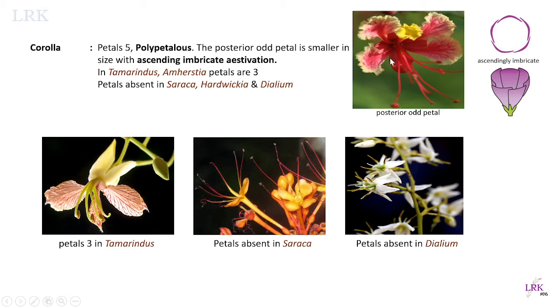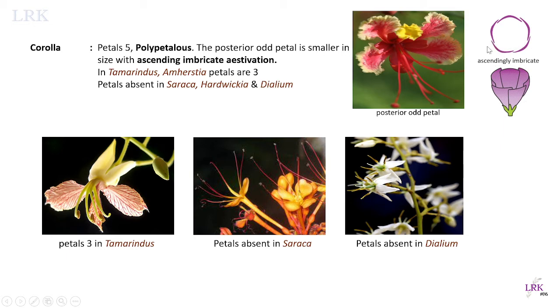And aestivation is ascendingly imbricate aestivation. See, this is the posterior smaller one which is present here. Its two ends are covered by the two ends of these petals. So these two cover the ends of the smaller posterior odd petal, and these two petals are again overlapped by these two petals.